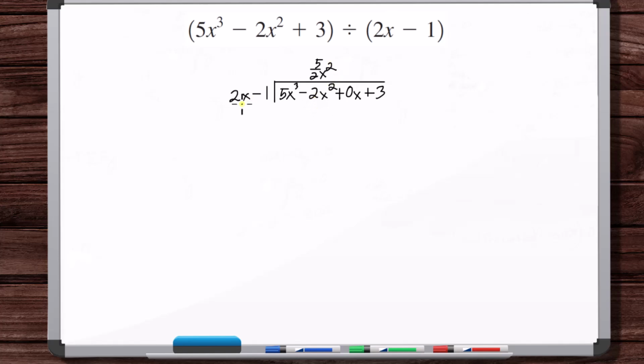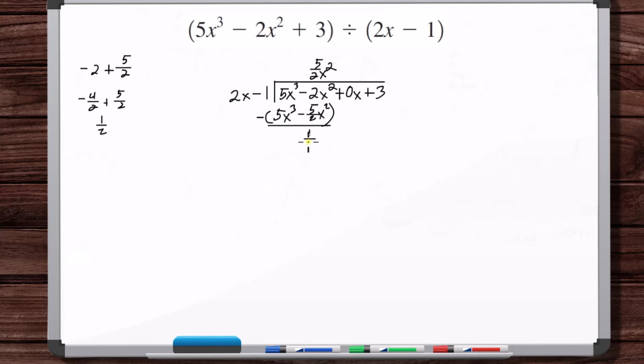Okay, 5/2 times the divisor. So we've got 5x cubed minus 5/2 x squared. Subtract these. So minus 2 plus 5/2 is going to be what? Minus 4/2 plus 5/2 is 1/2.